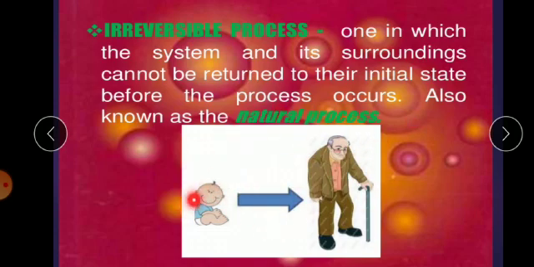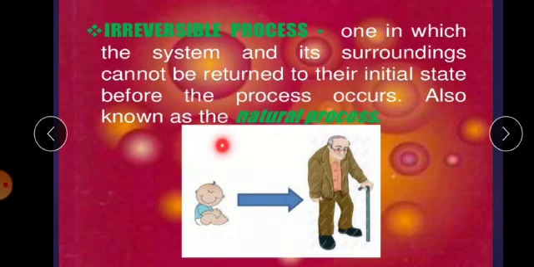A childhood girl or boy will become an adult, and it cannot return back to childhood. The growing of a tree also cannot be returned back to its sapling, isn't it? And water falling from the hill cannot go back to the hill, isn't it? So these are all irreversible processes.